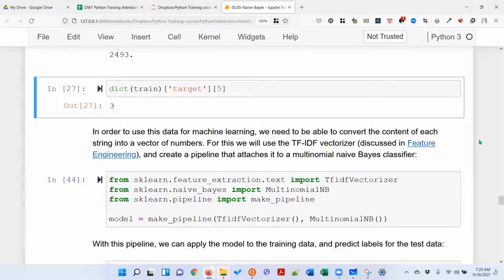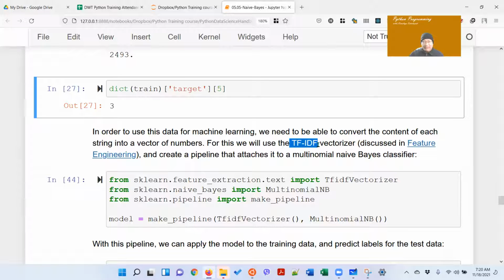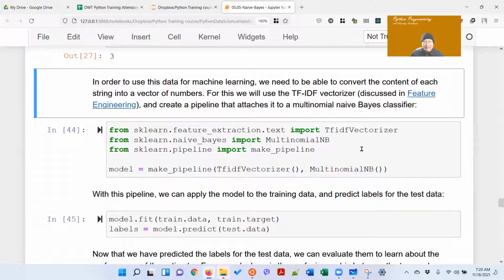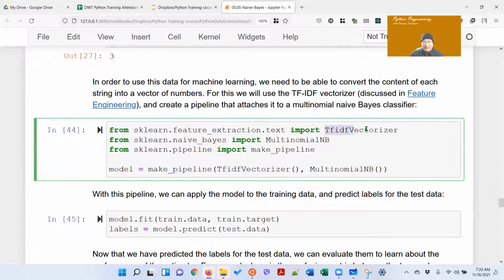For that, we'll use the TF-IDF vectorizer, which I explained before, and create a pipeline that attaches it to a multinomial naive Bayes classifier. We import the TF-IDF vectorizer, multinomial naive Bayes, and make pipeline, and create this pipeline.